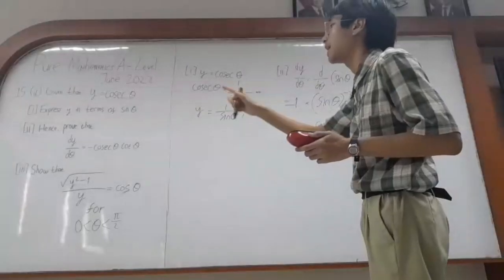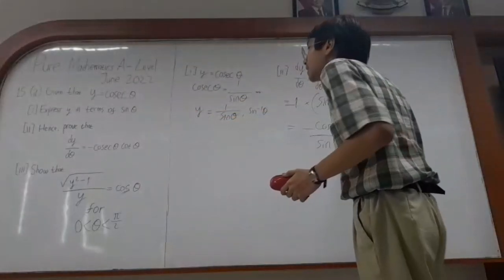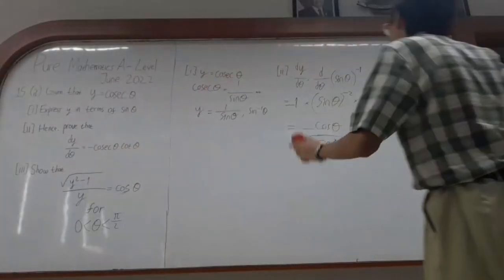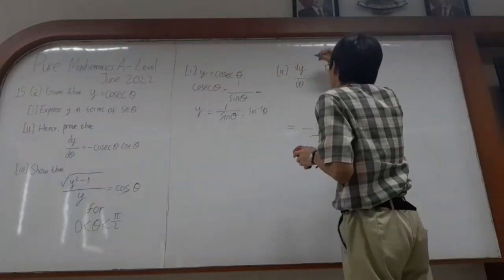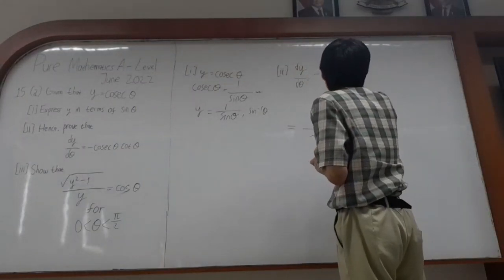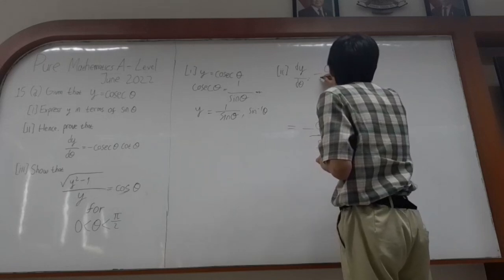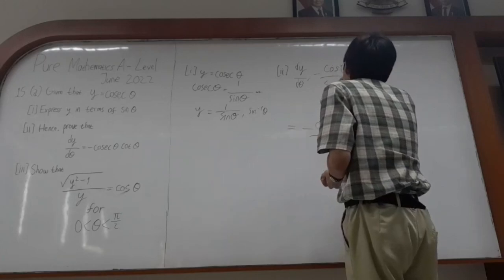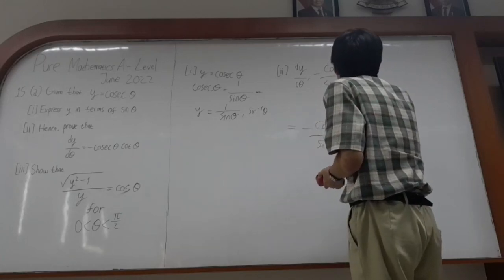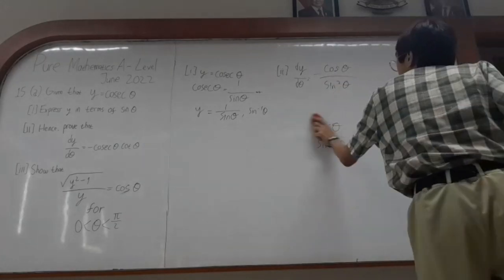However, the question asks us to prove that this is equal to this. So let's rewrite it. We have found that dy over d theta equals minus cos theta over sin squared theta. And here it is.